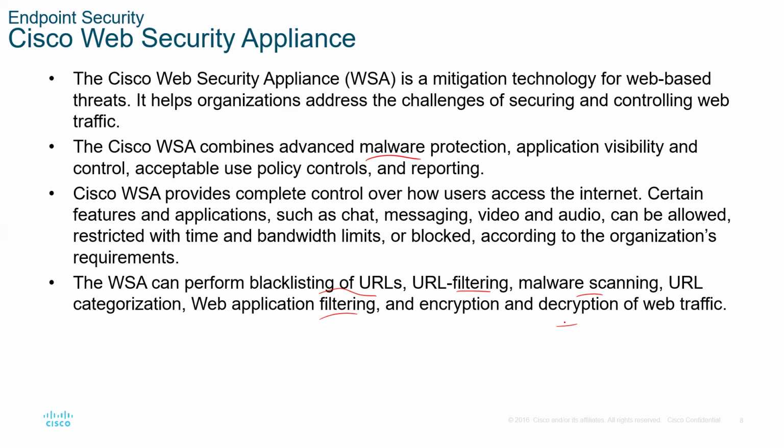When we browse, there's a lot of malware in there. So this appliance, the web security appliance, is responsible for blocking some of that malware in our web content. It is also used for URL filtering, which basically blocks access to some websites.